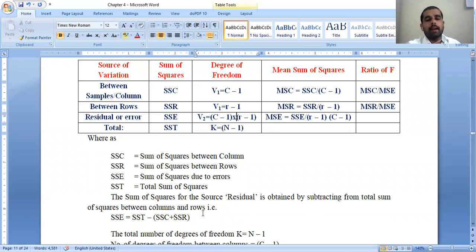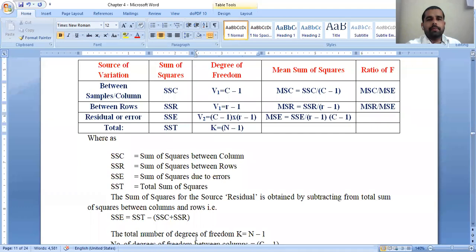Observe this small principle carefully: SSE is equal to SST minus SSC plus SSR. While doing the problem, you will get the SSC, SSR and SST values, but to get the SSE value, we have to follow this small principle.